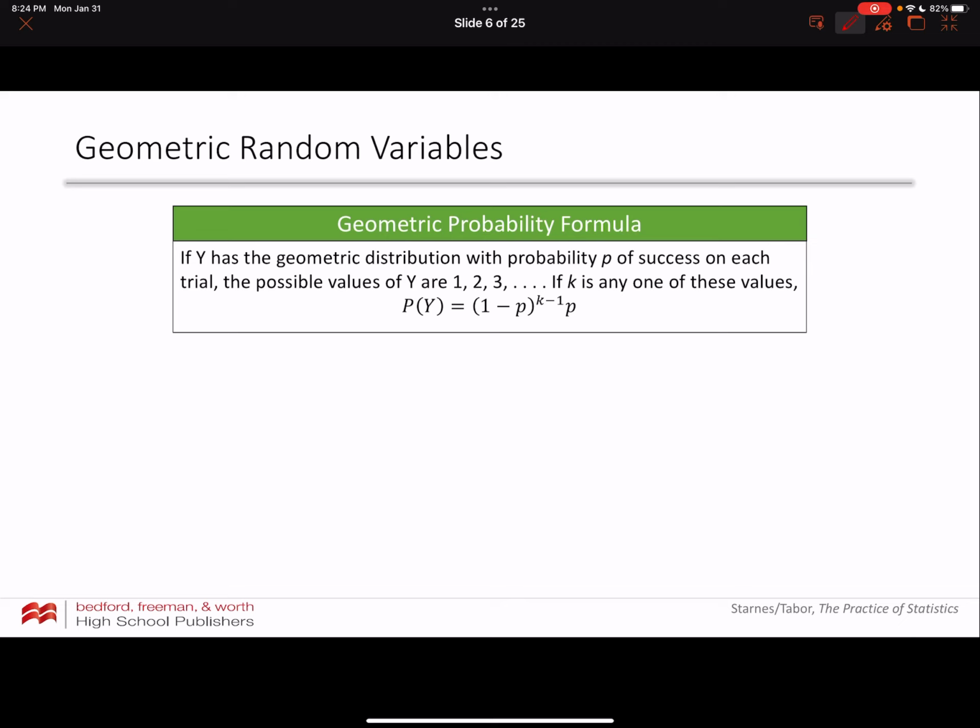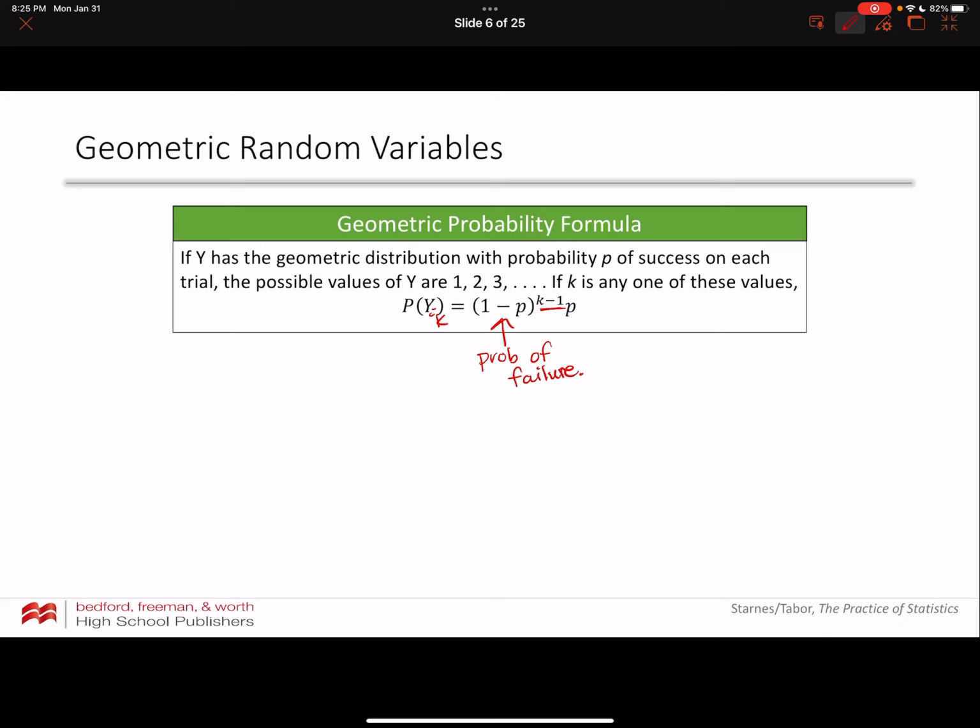But if K is any one of these values, then the probability that Y is equal to K is equal to (1 minus P), which is really the probability of a failure, right? And then if we're talking about K trials, K minus 1 is the number of failures.